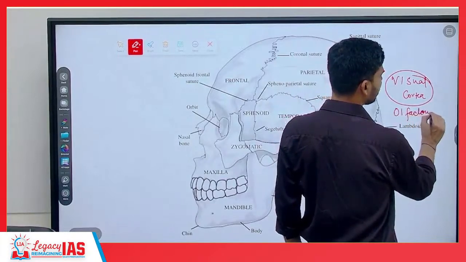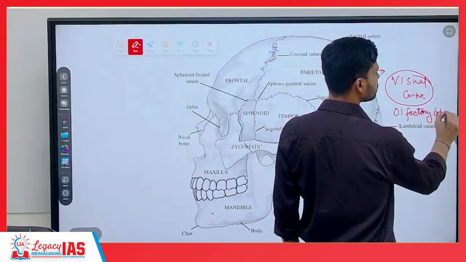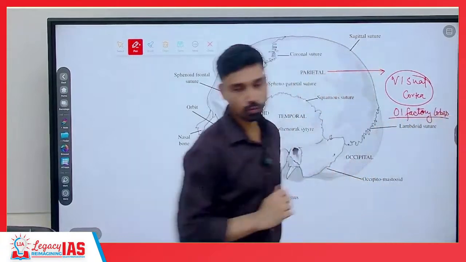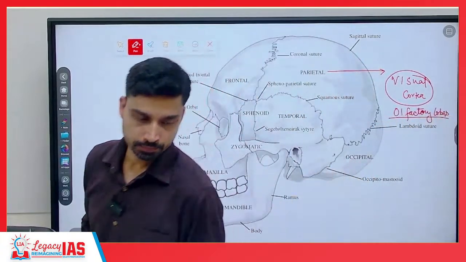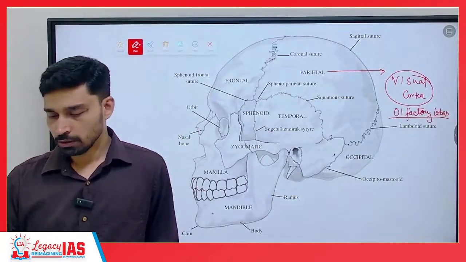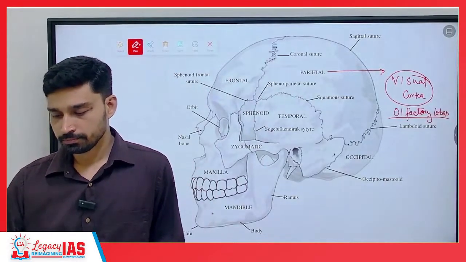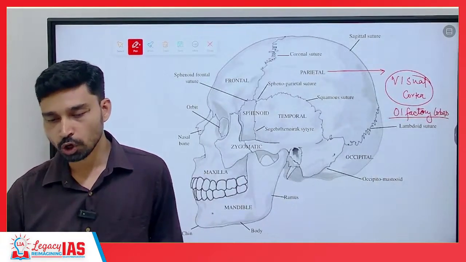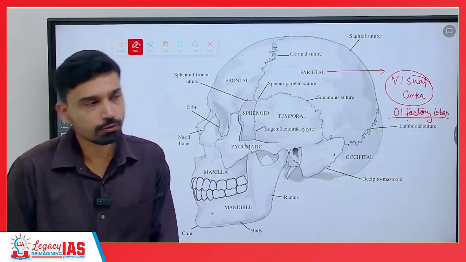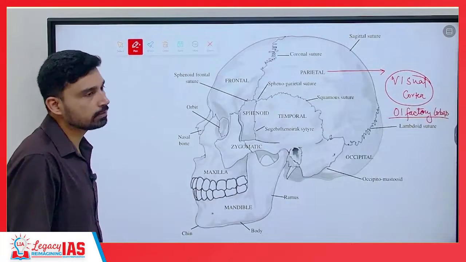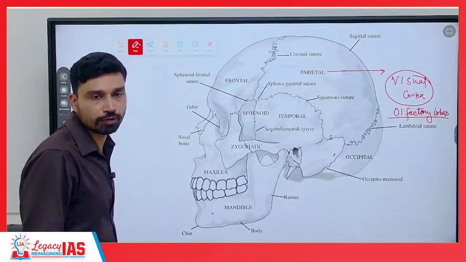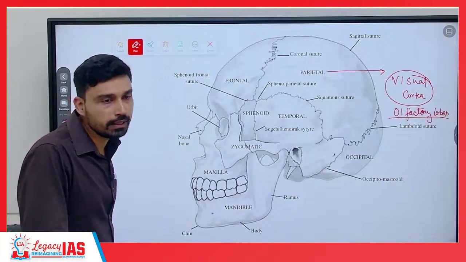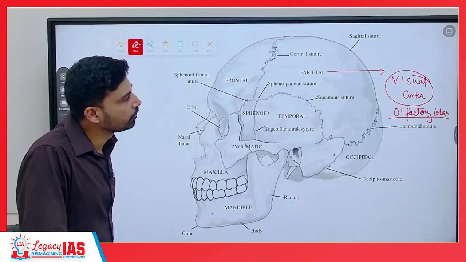Olfactory lobes are responsible for what? Yes, the sense of smell. The sense of smell of apes is stronger than that of humans. So that is the thing.